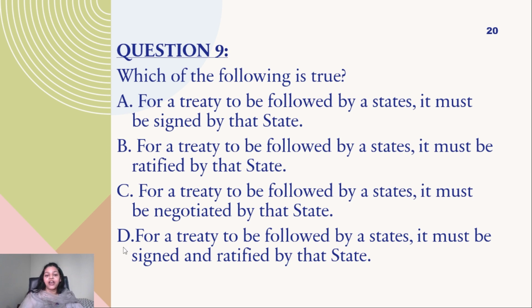All the options, if they are given in the question paper, are meant to be read in detail, right? So option D is correct. In such questions, please don't take option B in a hurry, because signing and ratifying, both are important for a state to be under an obligation to follow a treaty. So D would be the correct answer.